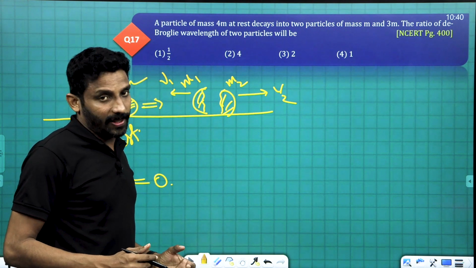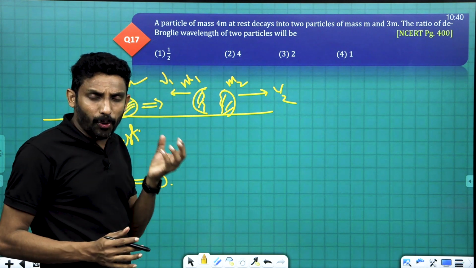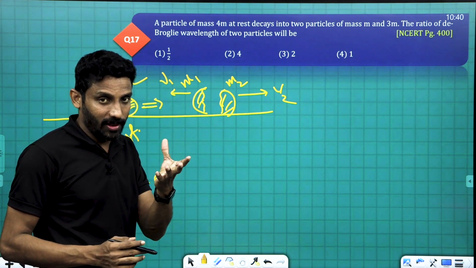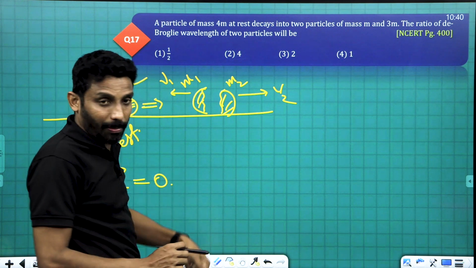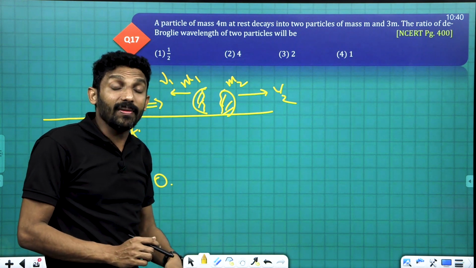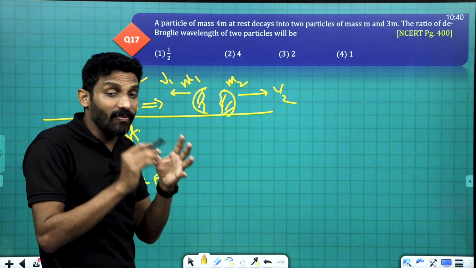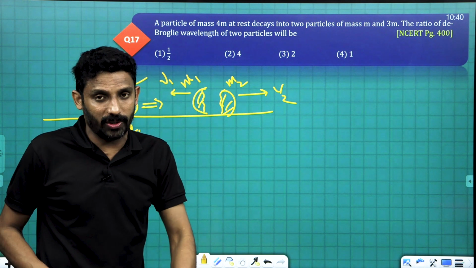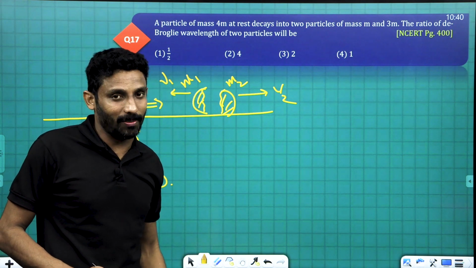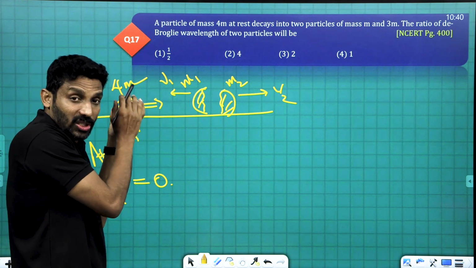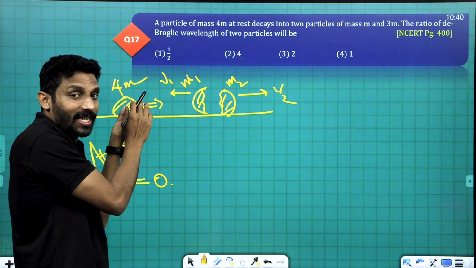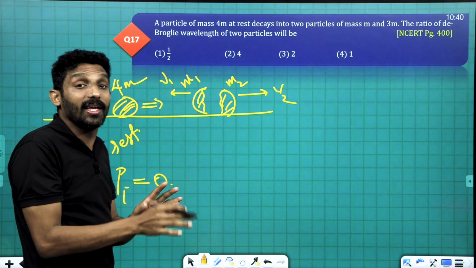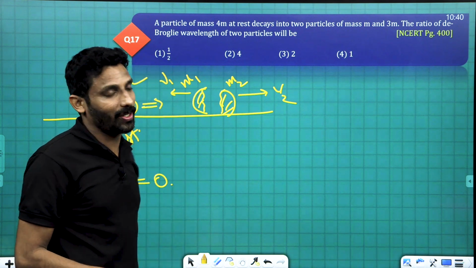Since this decay process is purely due to internal changes, no external force is applied. The momentum will change only when there is an external force acting on the system. But here, without any external force, it has simply decayed, meaning the linear momentum will be conserved.